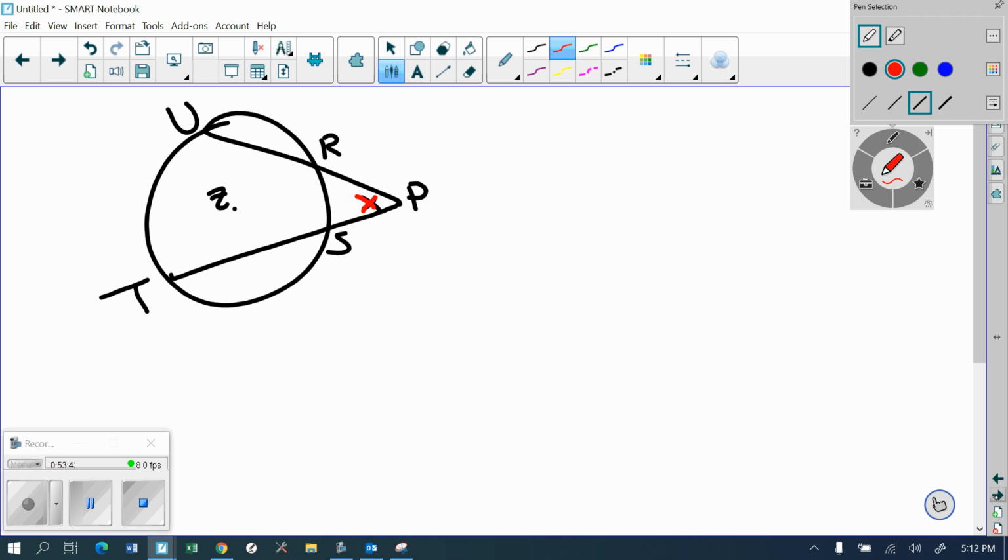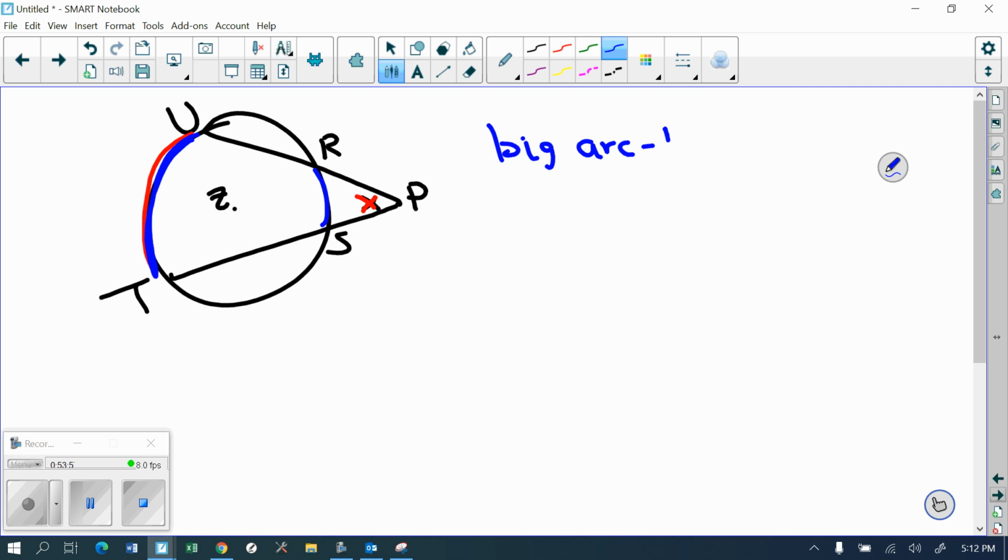How to find that angle measure? It's the big arc minus the little arc, or small arc. Big arc minus little arc equals double the angle.